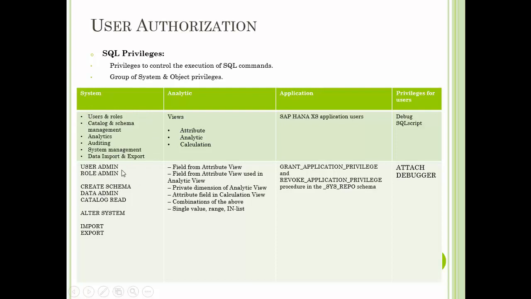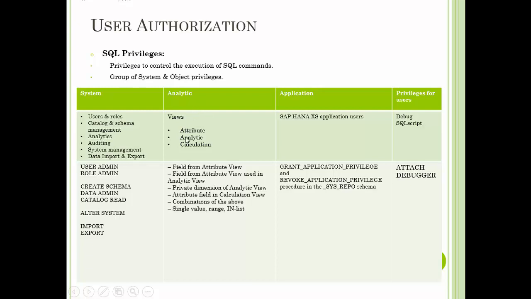Some standard ones are user admin and role admin for user and role management, create schema, data admin, catalog read, import export for importing and exporting objects, alter system for altering the system configuration, catalog read for reading the database objects, data admin again for database object access, create schema for creating new schemas. So these are the standard system privileges and a few important ones. And some more are monitoring, modeling, backup admin, backup operator. All this can be used.